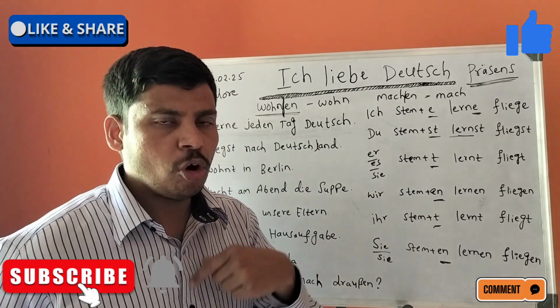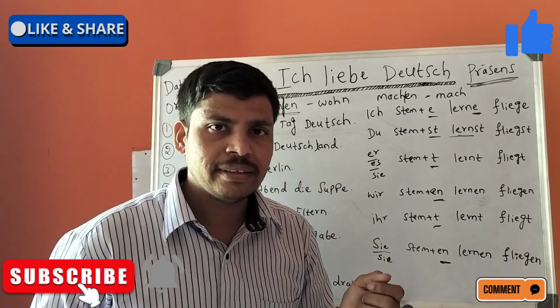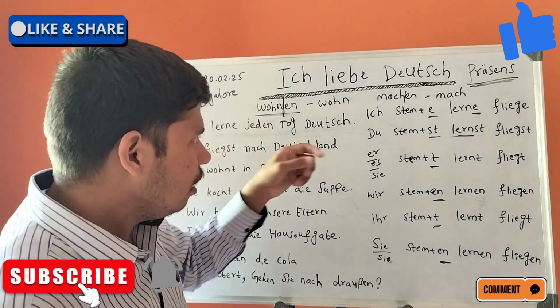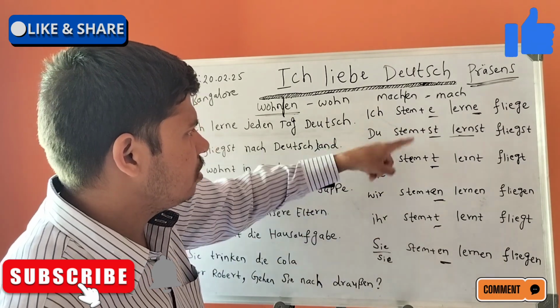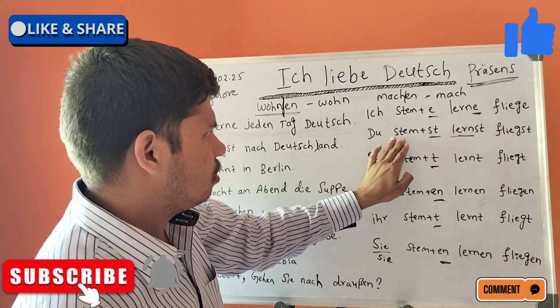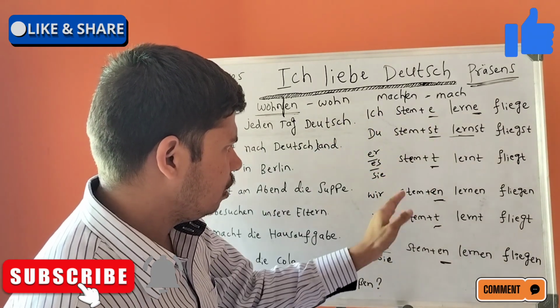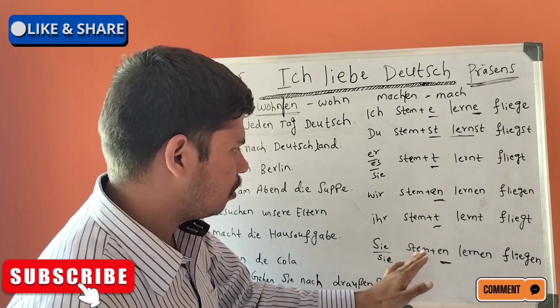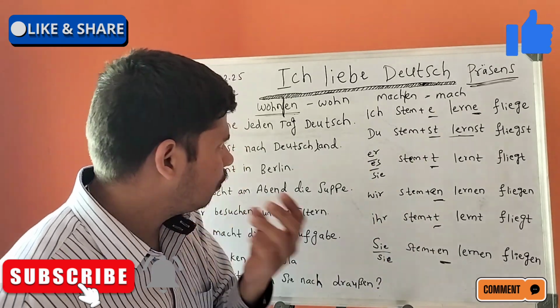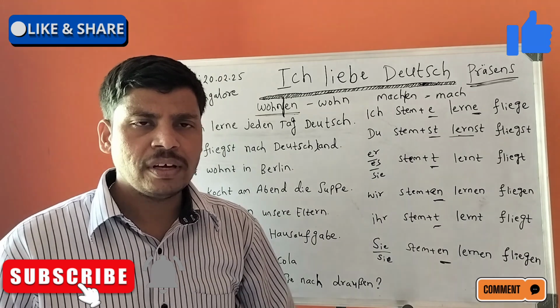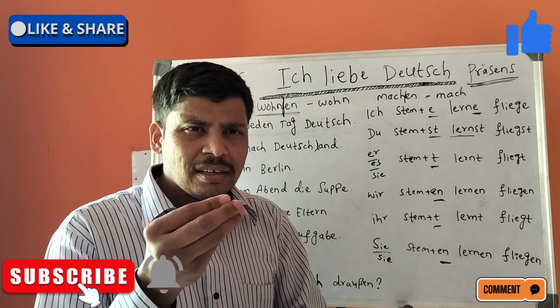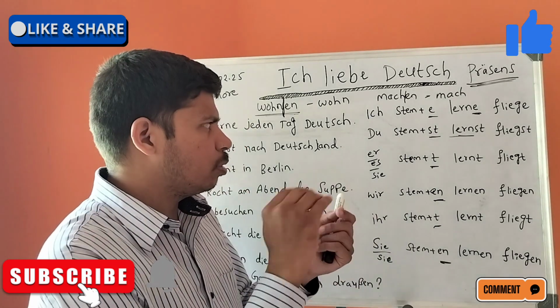Capital Sie means formal you and small sie means they. Now please check the endings: stem plus e, stem plus st, stem plus t, stem plus en, stem plus t, stem plus en. These endings are very important. I know it is a bit difficult to learn or to remember.